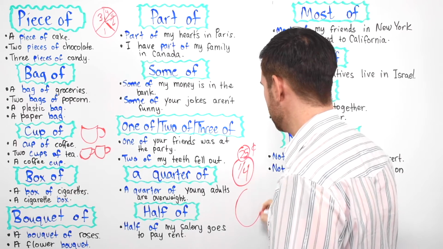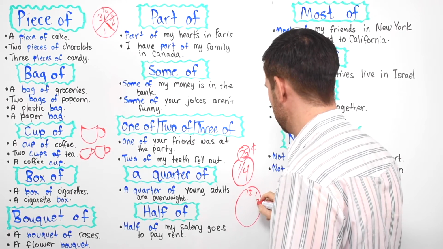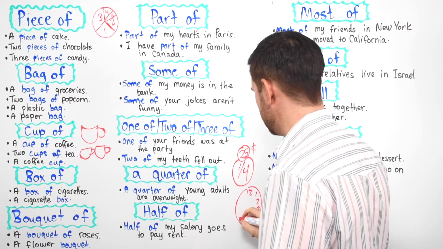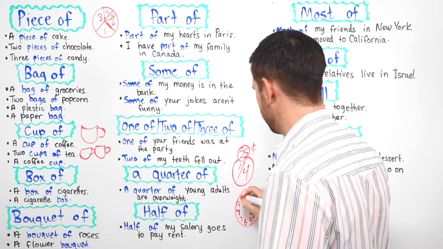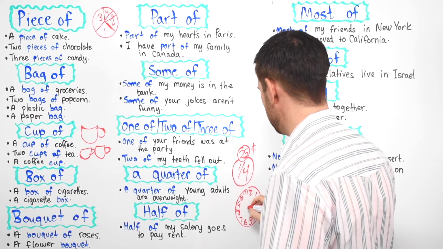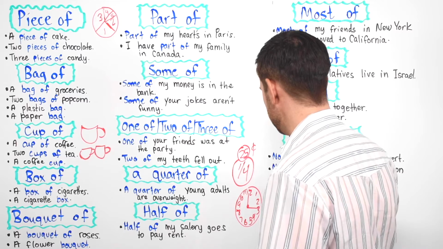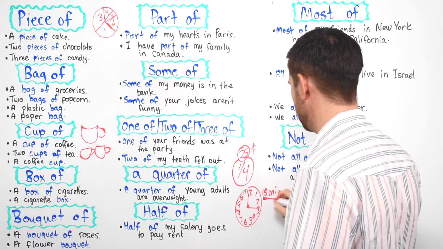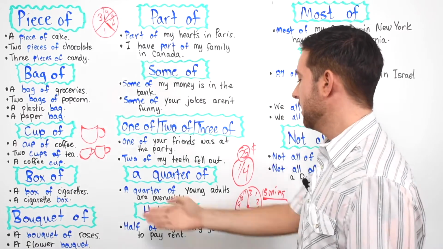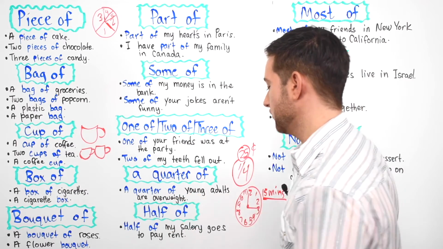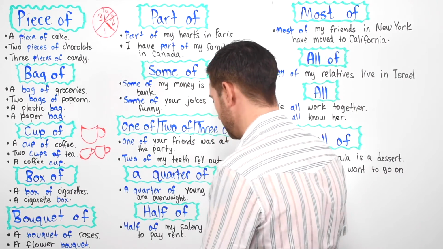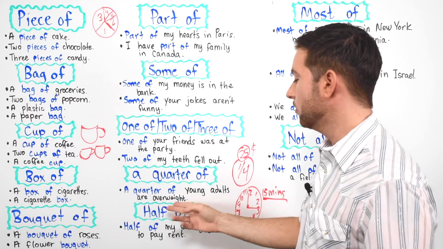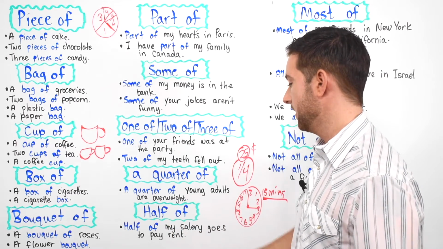Or if you're talking about time, then a quarter is actually not equivalent to 25, but rather about 15 minutes, okay? A quarter of young adults are overweight, meaning 1/4 or 25% of young adults are overweight, okay?